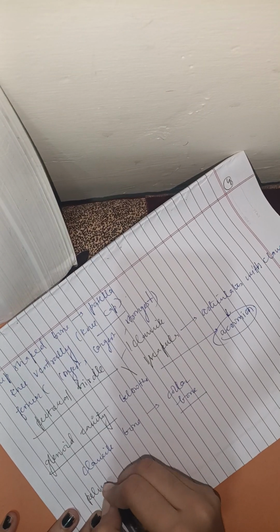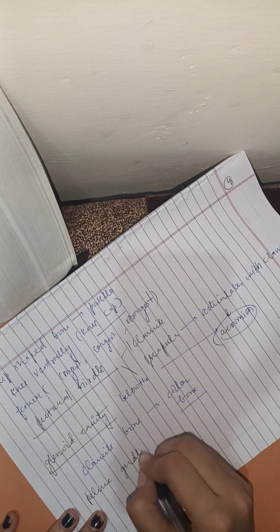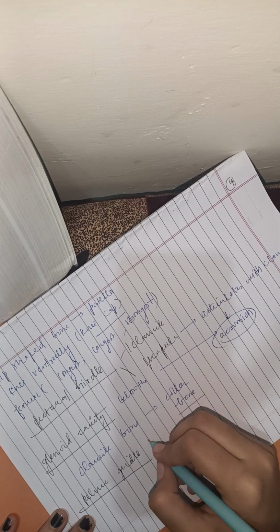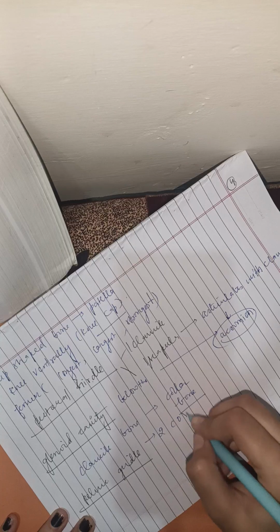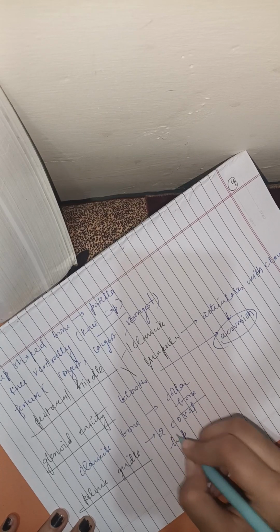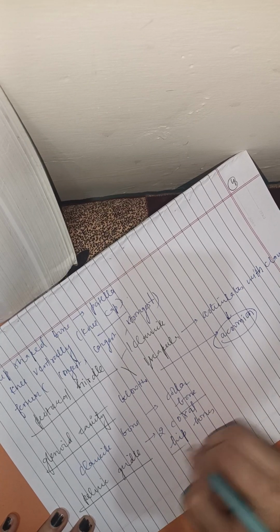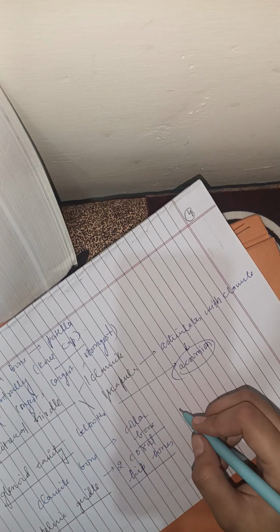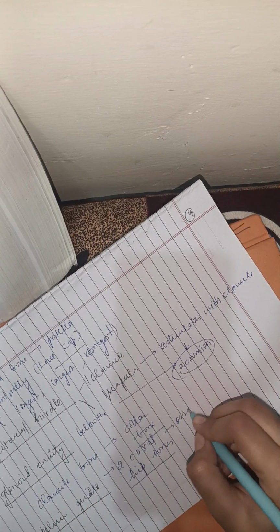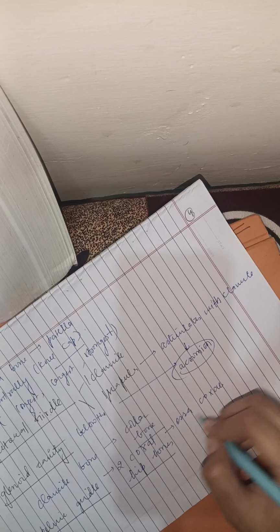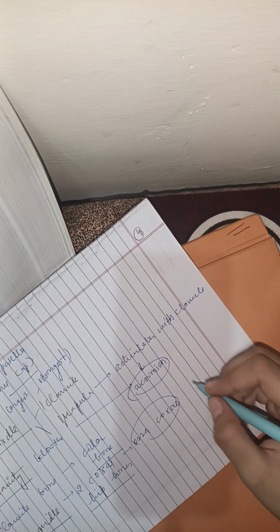Next is the pelvic girdle. The pelvic girdle consists of two coxal hip bones. The coxal bones are also called the ossa coxae or the innominate bones.